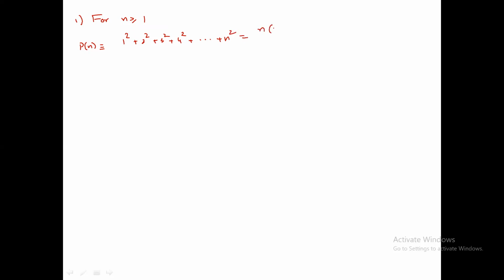The formula is n into (n plus 1) into (2n plus 1) by 6. Now this statement is true or not. That is your work to prove.